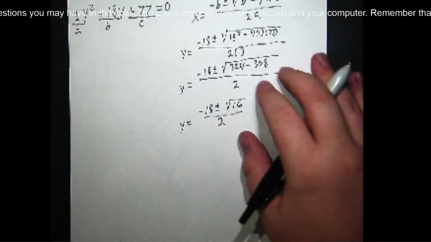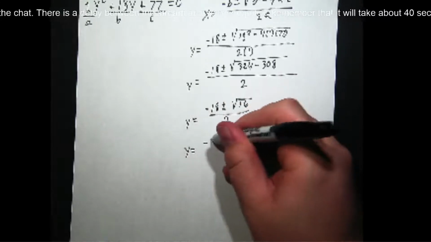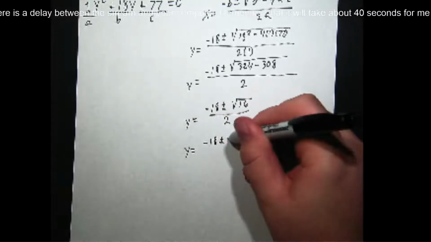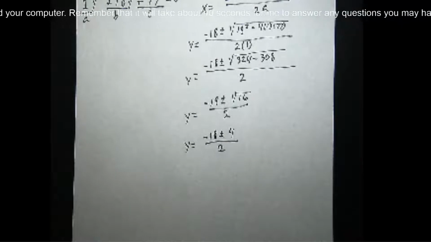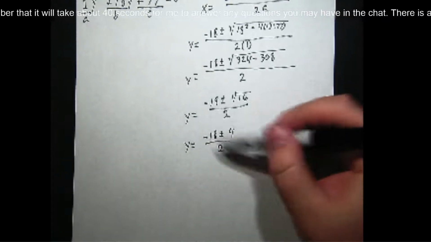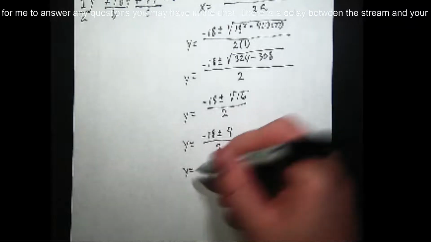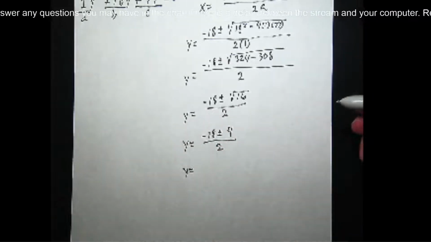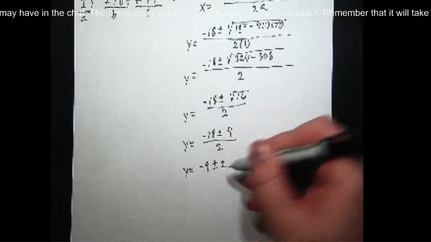So y equals negative 18 plus or minus 4 all over 2. All of these can be divided by 2. I can basically cancel out a 2 through all of these. So that gives me y is equal to, let's see, negative 9 plus or minus 2.